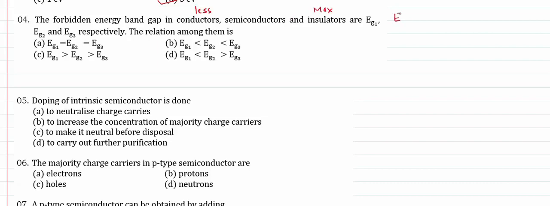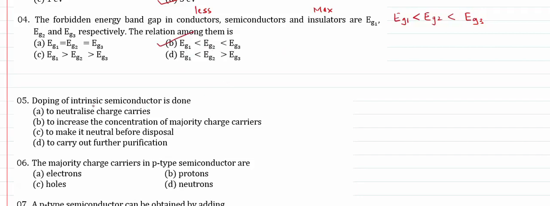Means Eg1 should be less and Eg3 should be more. So here you will have Eg2, so less than. Now observe the option. Option B is the answer. Eg1 is less than Eg2 is less than Eg3.